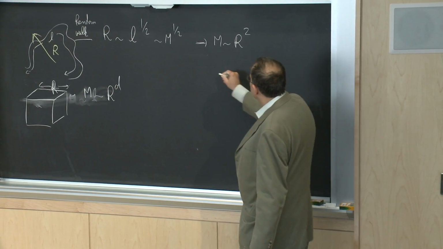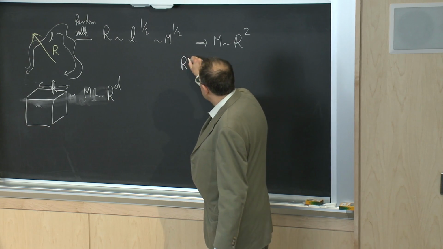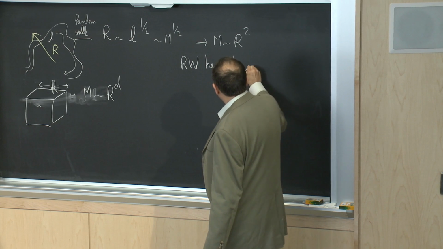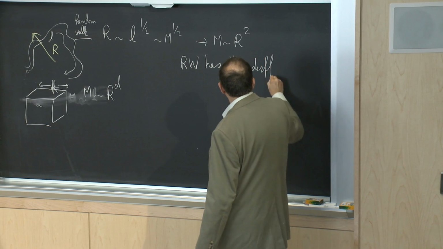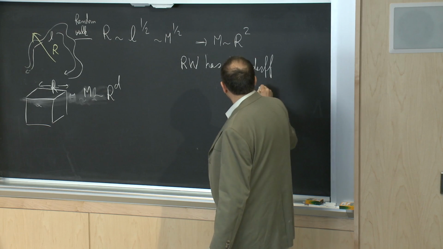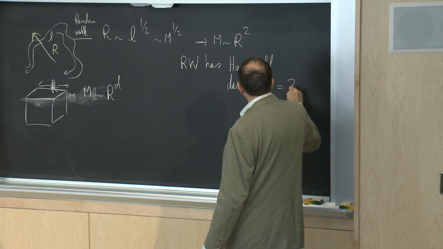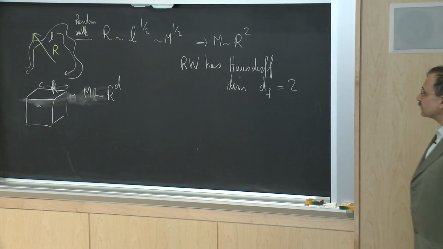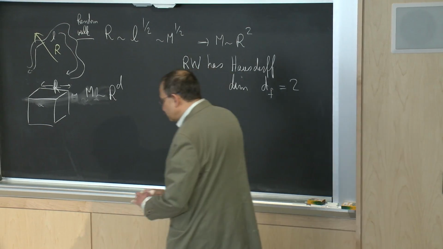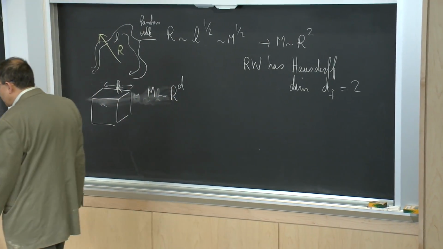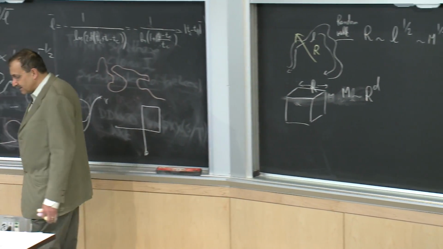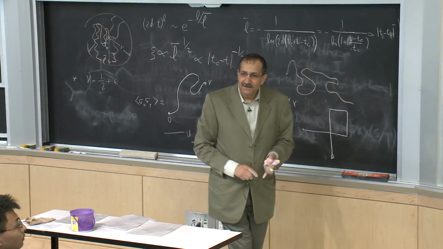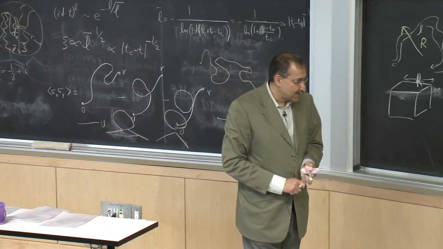So in that sense, you can say that a random walk has a fractal or Hausdorff dimension of 2, okay? So if you are very blind, you would say that a random walk is a 2-dimensional thing. It's a page, right?